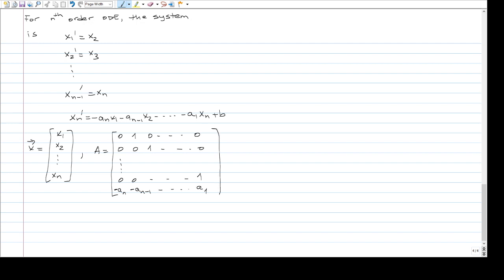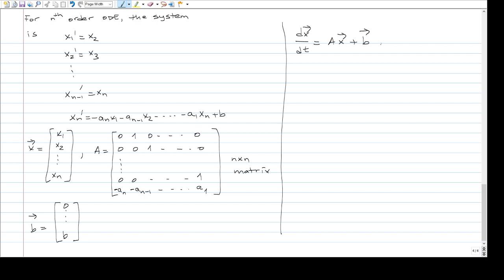This is an n by n matrix, and the function on the other side of our equation is 0 until the last one, and the last one is b. So the system, again, in matrix form, derivative of x is matrix A times x plus b. Okay, so we convert the nth order equation into a system like this.